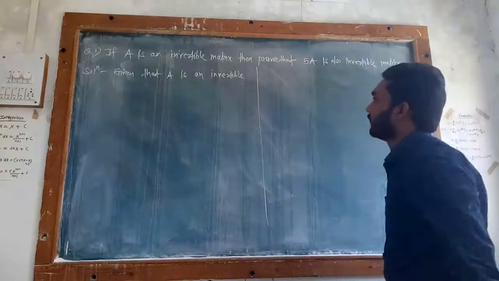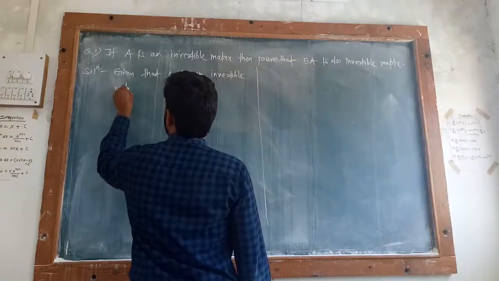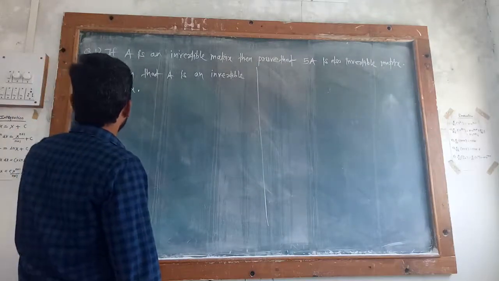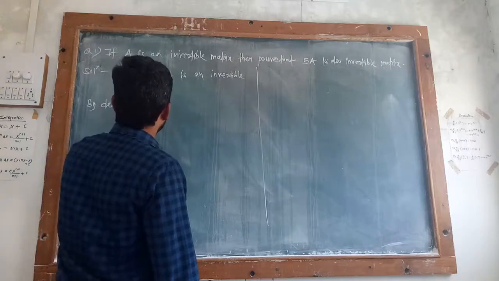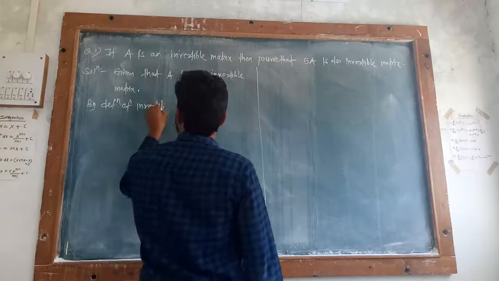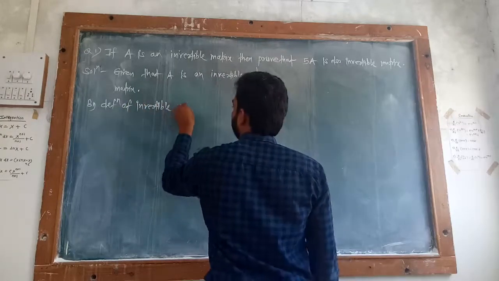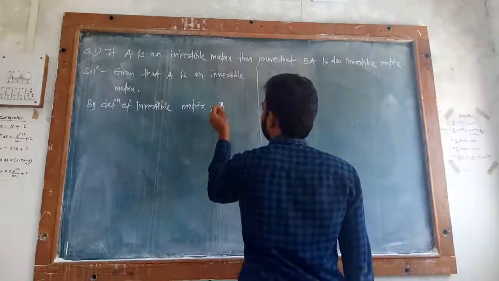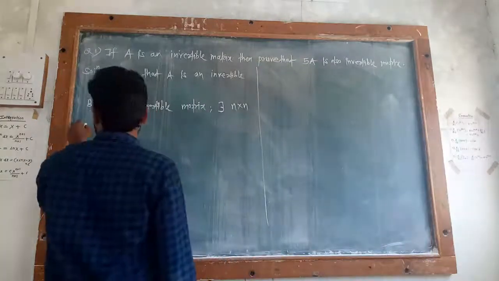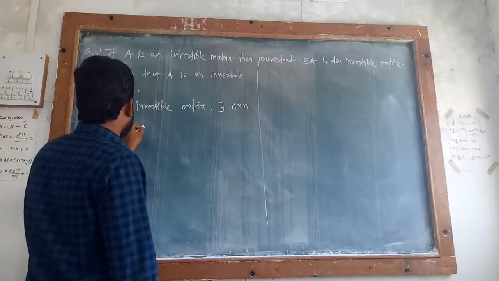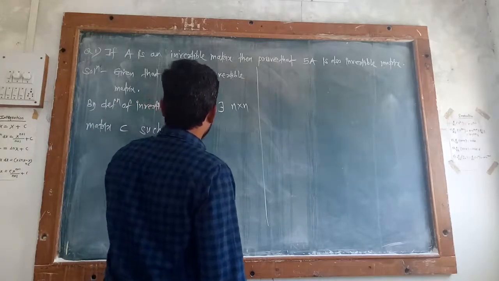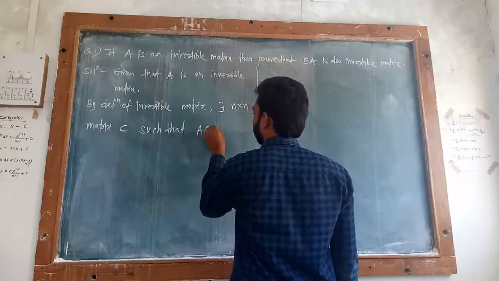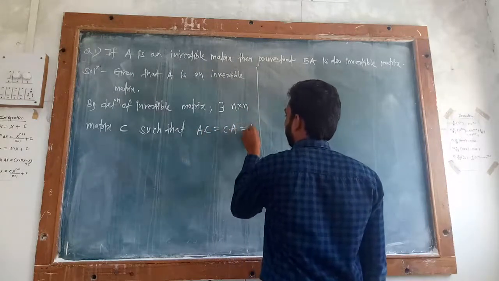So by the definition of an invertible matrix, there exists an n cross n matrix C such that A into C equals C into A equals the identity matrix.